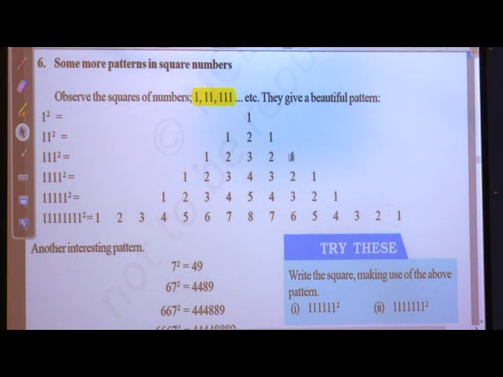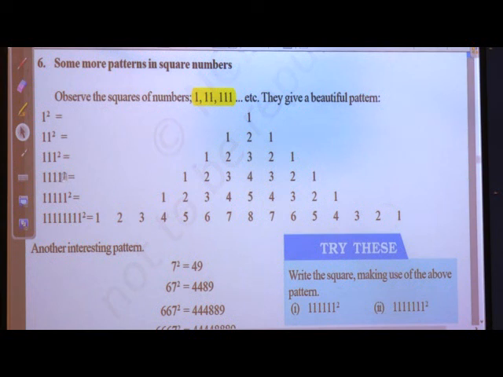Please observe the pattern properly. 11 times 11 is 121, and the pattern is 1, 2, 1. 111 squared is 12,321, but observe the pattern: it is 1, 2, 3, 2, 1.